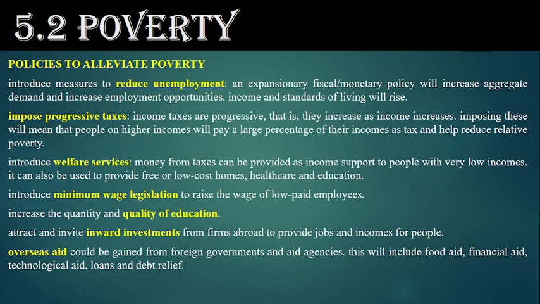Now, how can you alleviate poverty? The things you discussed in the previous slides. Reduce unemployment, impose more taxes, welfare services, just go and support the older people or the people who are unemployed, minimum wage legislation, at least decide the level of income or wage that any person can afford their basic needs with.